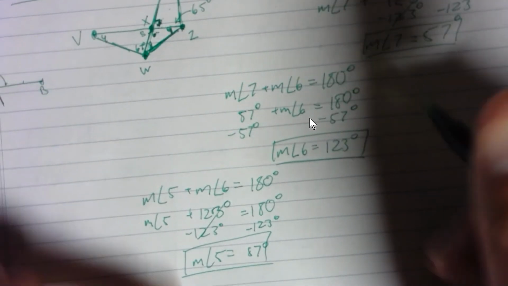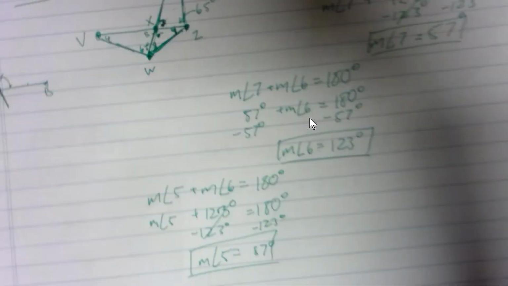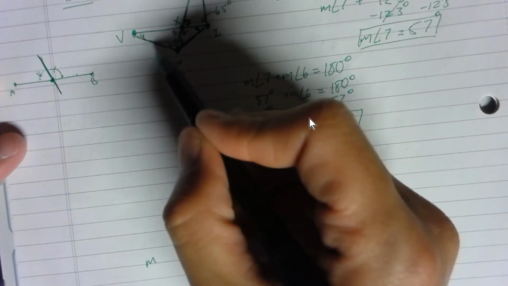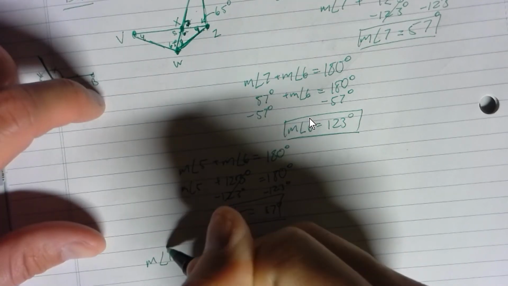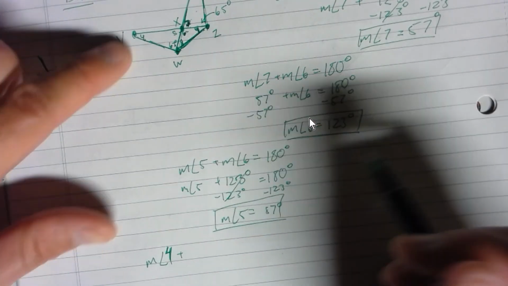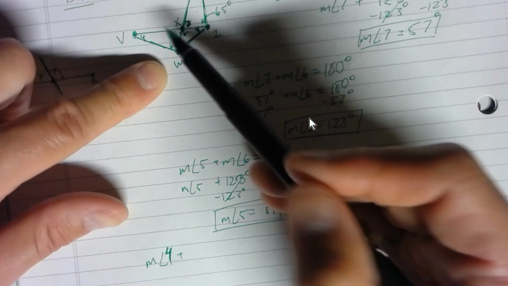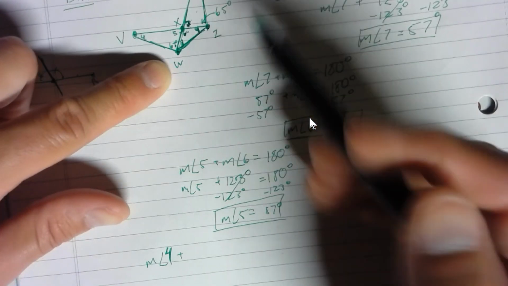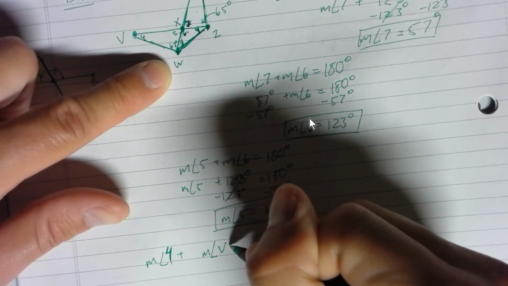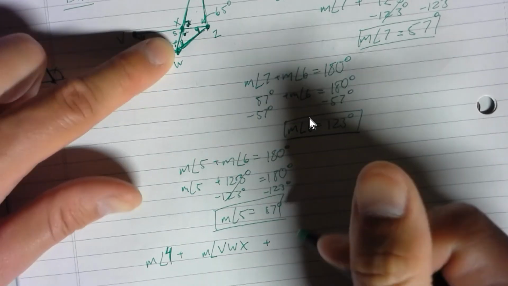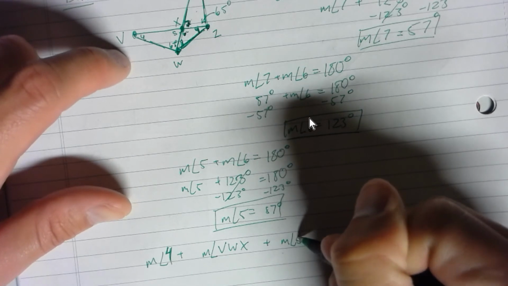So let's look at this triangle here. Let me zoom out a little bit. Let's look at this triangle up here on the left. I say the measure of angle 4, plus the measure of angle VWX, plus the measure of angle 5 right there is equal to 180 degrees.